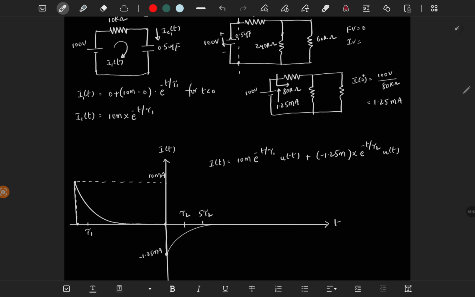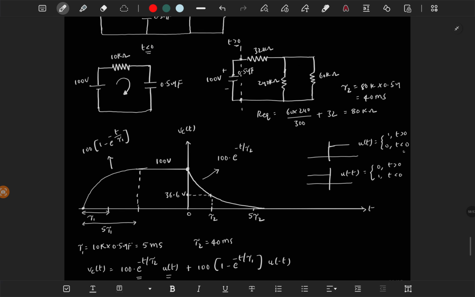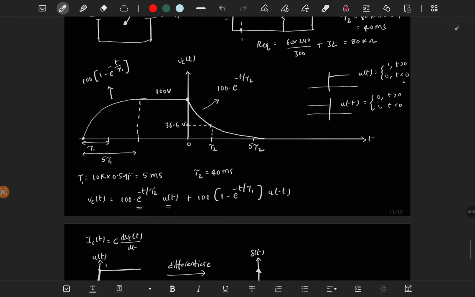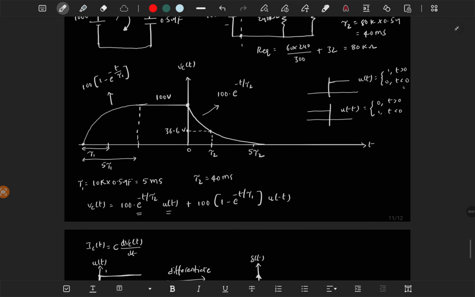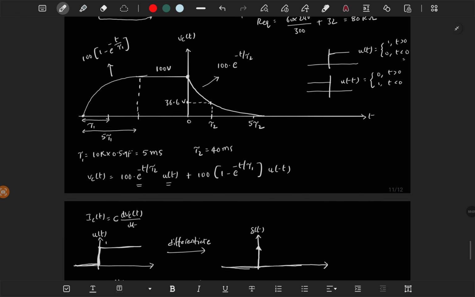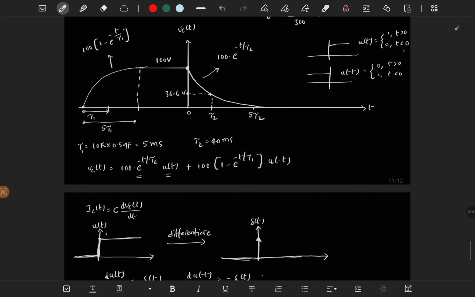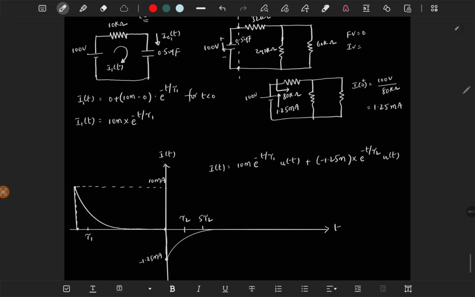Is this correct? Let's check once. I don't think this expression is correct, so I will tell you why.